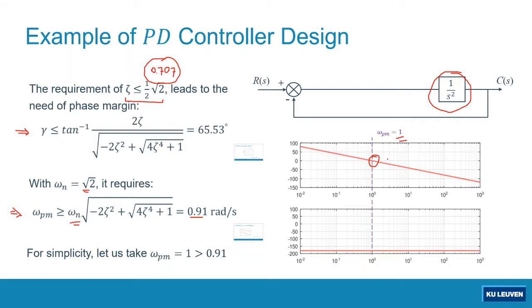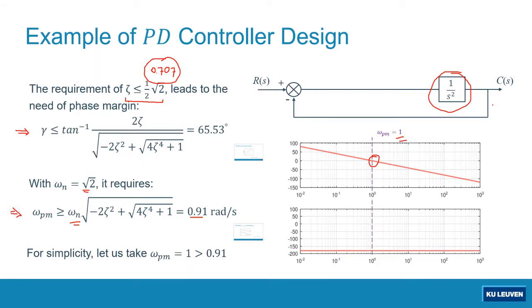In some other example, you might have a case where the magnitude is far from 0 dB. But by coincidence, in this example, the magnitude is already close to 0 dB at the desired phase margin frequency of 1 radian per second. But that is not the point here.